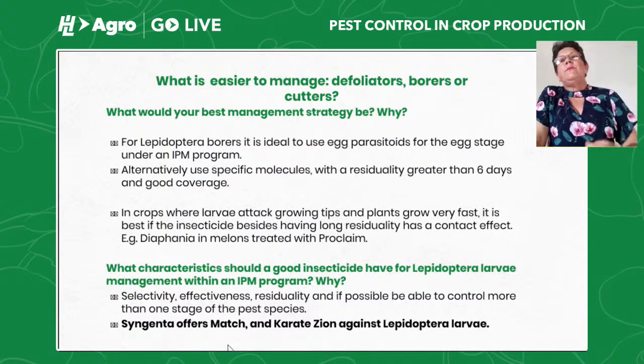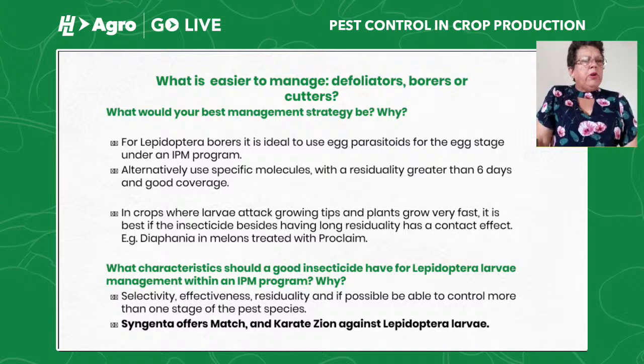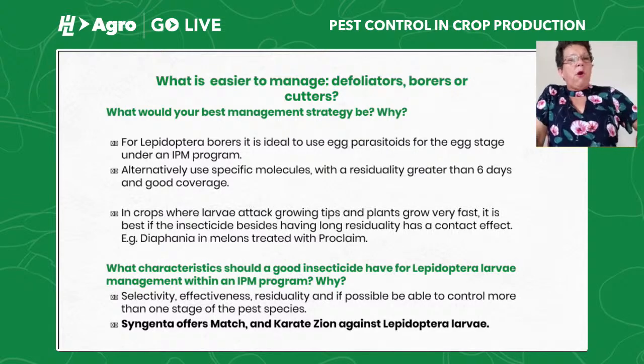longevity of your insecticide. In crops where larvae attack growing tips and plants grow very fast, it is best if the insecticide, besides having long residuality, has a contact effect. We see that very commonly in melons and watermelons, for example. In watermelons and melons, we have 2 species, Diaphania hyalinata and Diaphania nitidalis, and they always go for the growing tips.